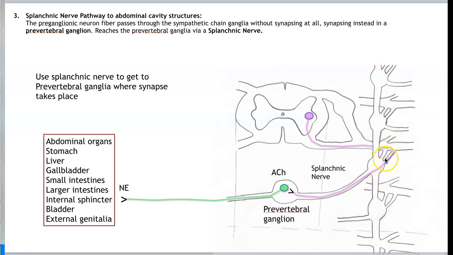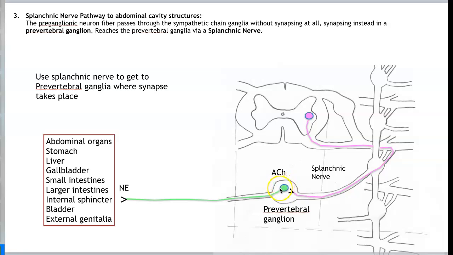It is just using it to get to this splanchnic nerve that's leaving the sympathetic chain ganglion right here. The splanchnic nerve is carrying it towards the prevertebral ganglion. It's going to release acetylcholine. It's going to synapse with the postganglionic neuron.